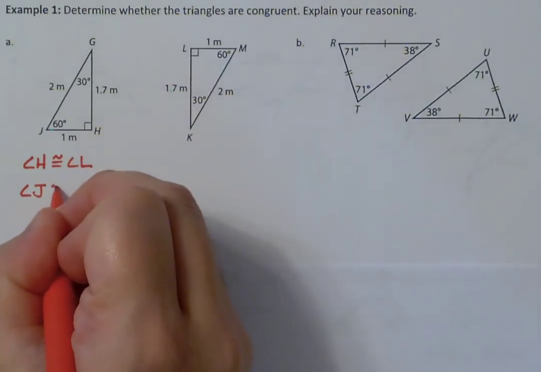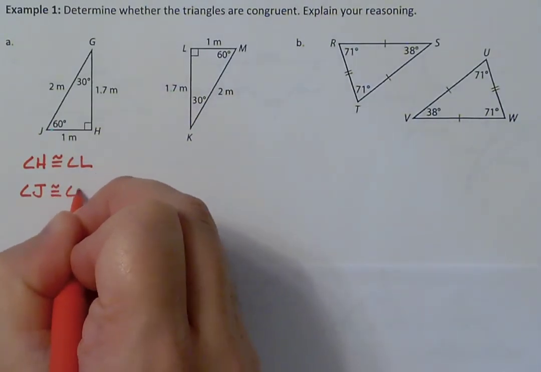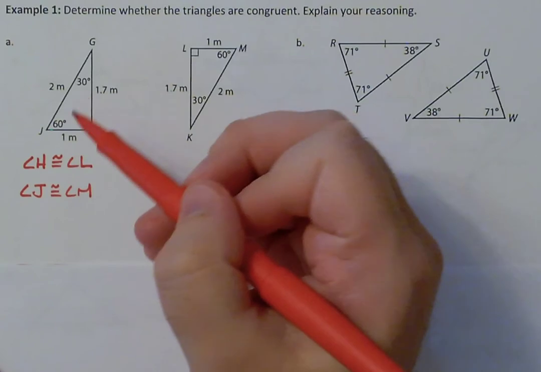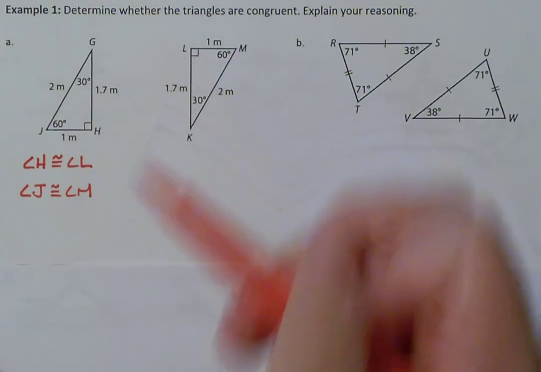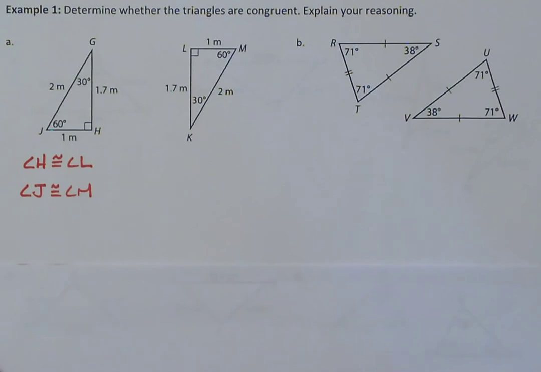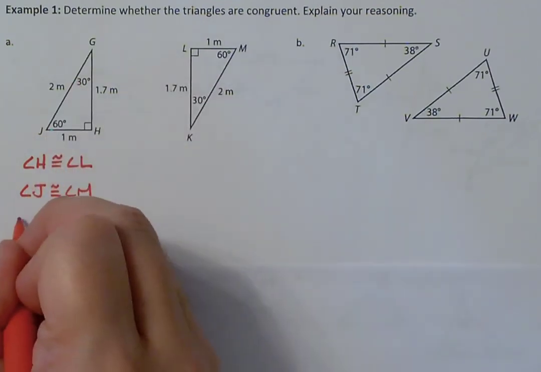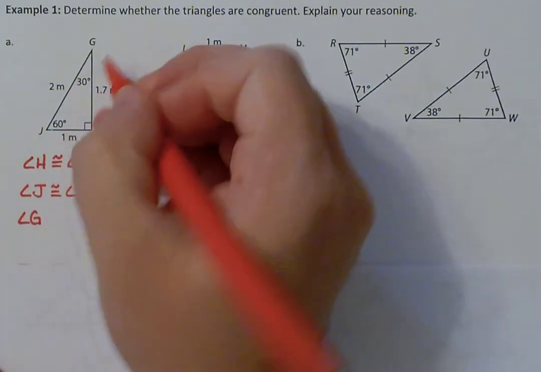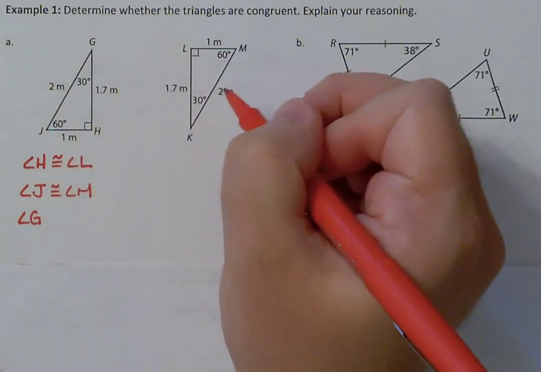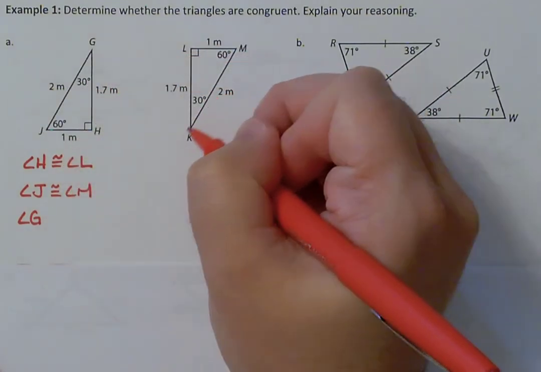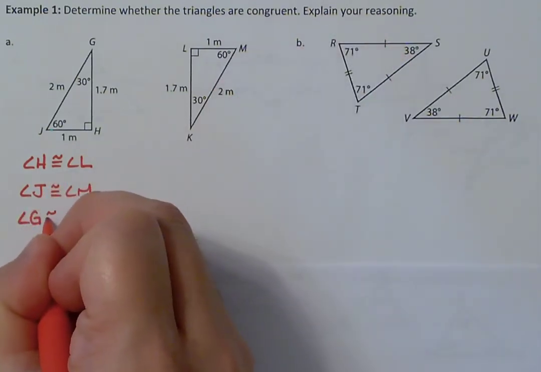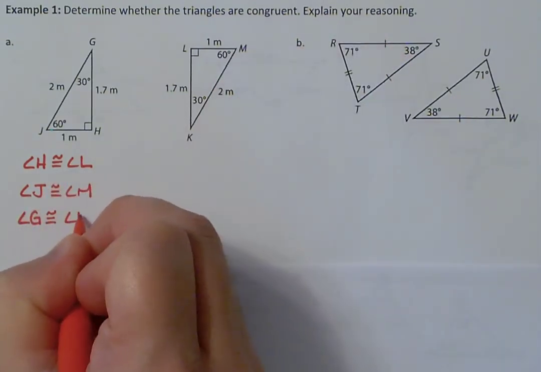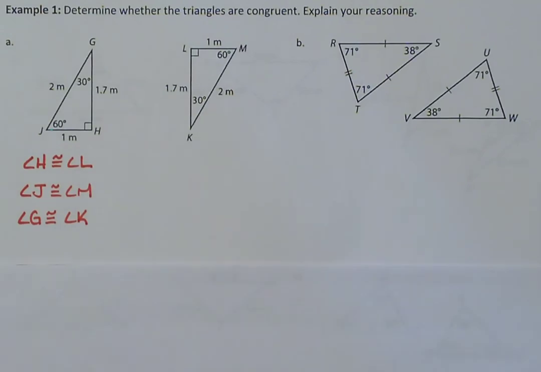So that means that angle J is congruent to angle M. J and M are 60, just like H and L are 90. And then lastly, we have angle G. Angle G is 30 degrees, and I know in this triangle that angle K is 30 as well. So that means angle G is congruent to angle K.